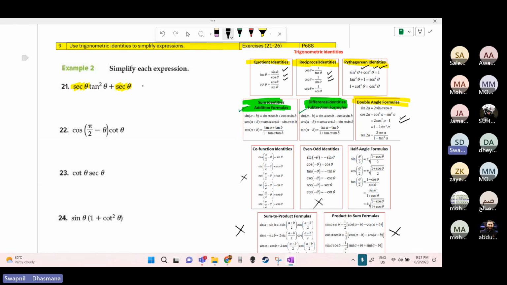So here you can take sec theta common out. So what is remaining? First, tan squared theta, and then sec theta over sec theta, which is 1. Now is there a rule like this? It's right here.